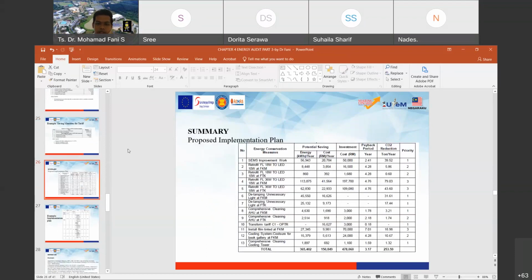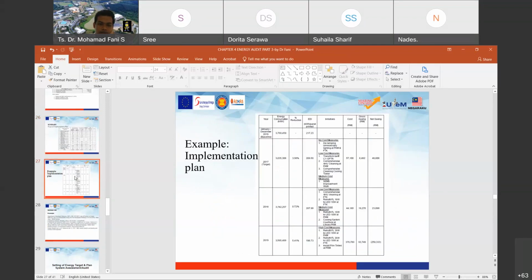That one's tariff summary. Okay, proposed implementation plan. Okay, so how to do? For example, here implementation plan for the 3 years. Okay, if you got this one, I think that one is the bonus mark for you. Please provide this one on how you can guide the client, the consumer, to do the implementation.